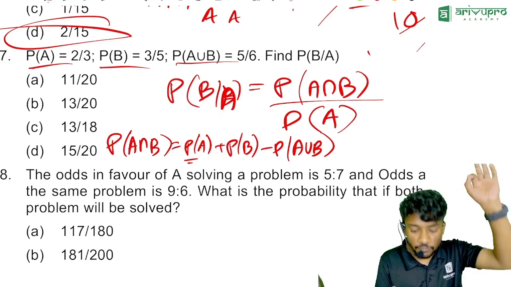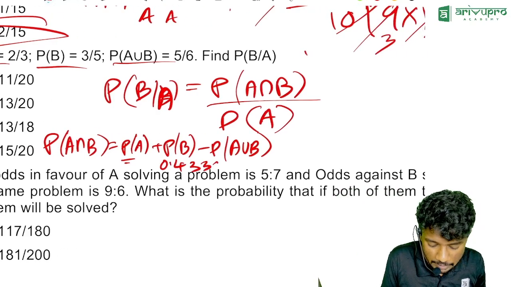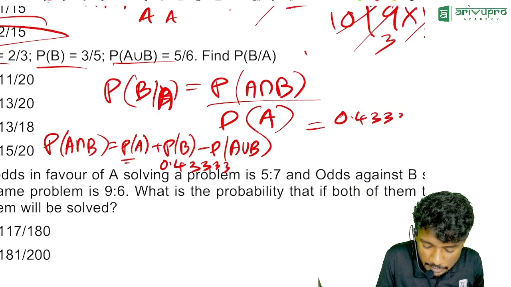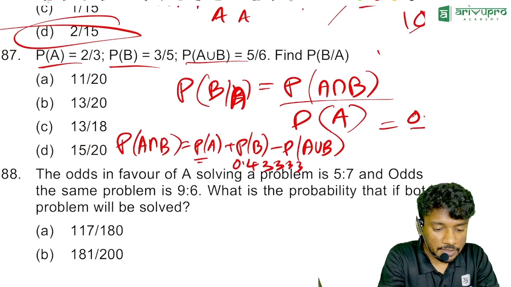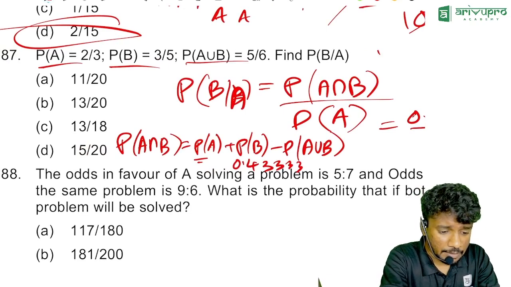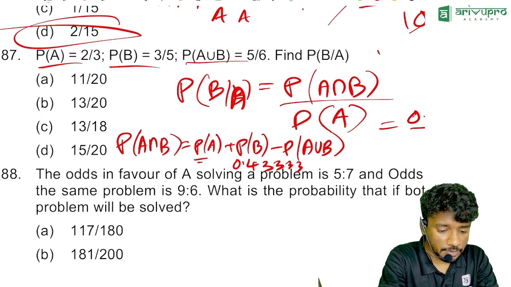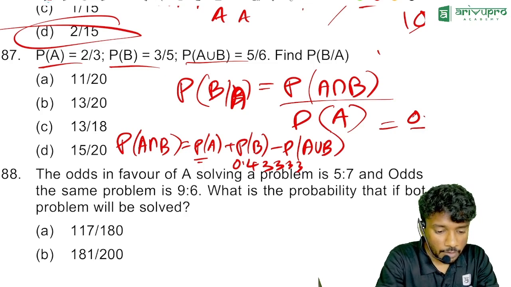You got it as 0.43 something? Yes. So 0.43333. Now 0.43333 divided by P of A was how much? 2 by 3. That means, yes, 2 divided by 3, so answer divided by 3. 2 divided by 3 into MRC.